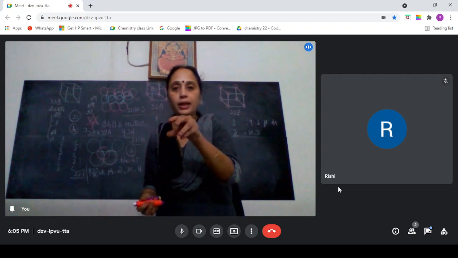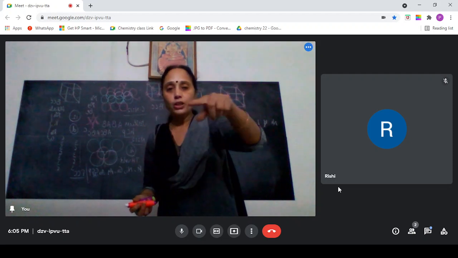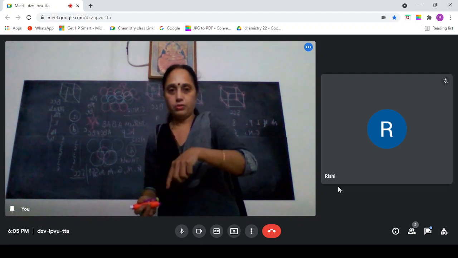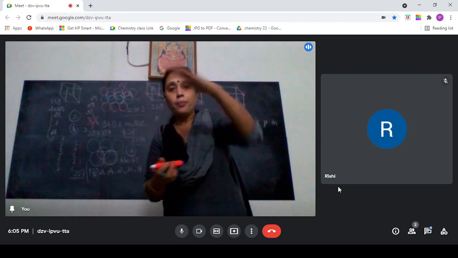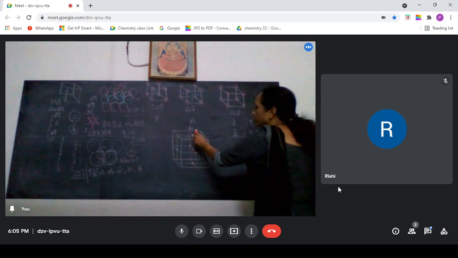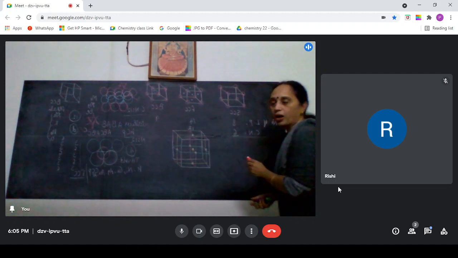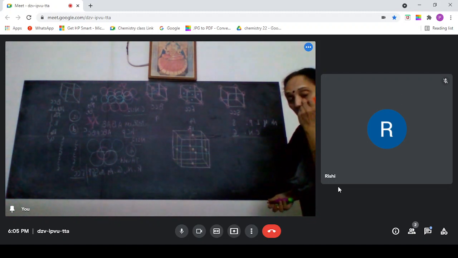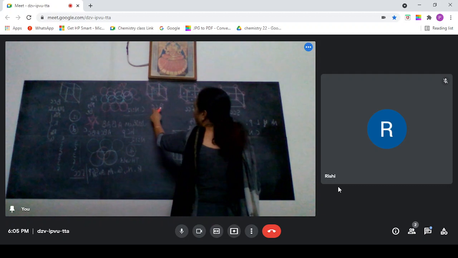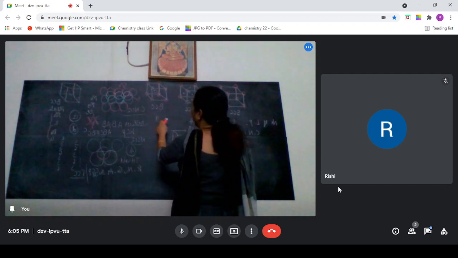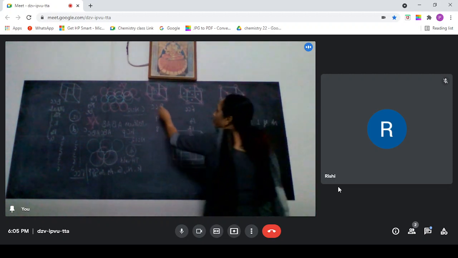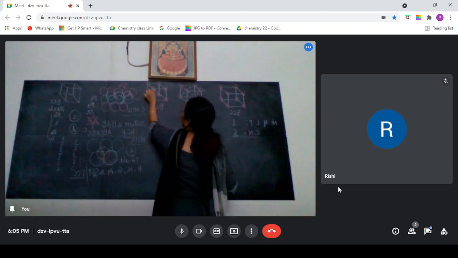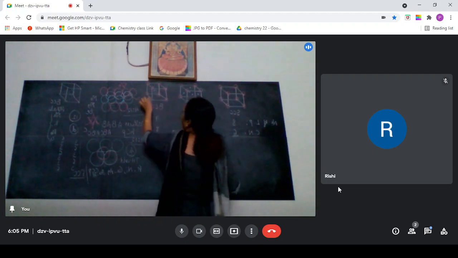So each particle at the center is in touch with 6 in its own layer and 3 above, 3 below. So coordination number will be 12 for a face centered cube. And for body centered cube, coordination number will be 8 because each body centered particle is nearest to all the 8.